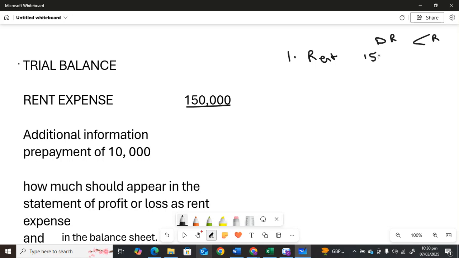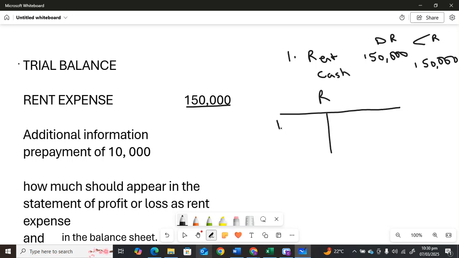This is not part of the question, but I just want you to see the whole picture. You debit rent 150,000, you credit cash 150,000. So in the rent T account, you have there 150,000 sitting here. Now, in this 150,000, there is a prepayment which you need to remove. So now this is the question.